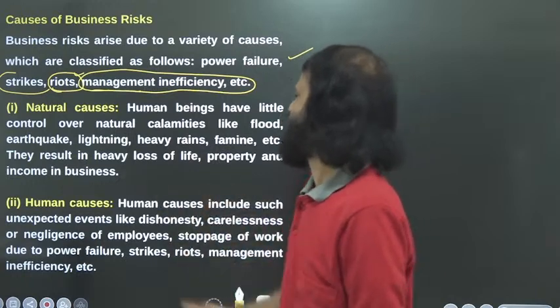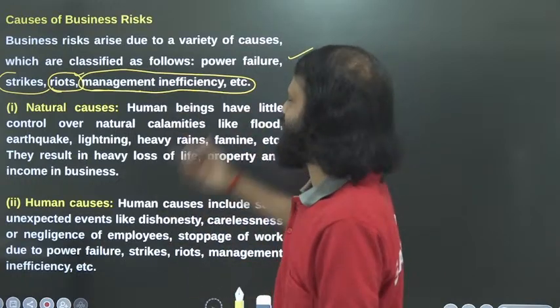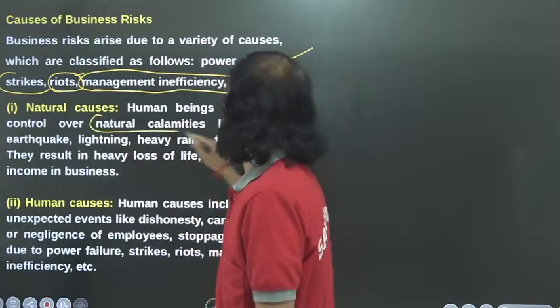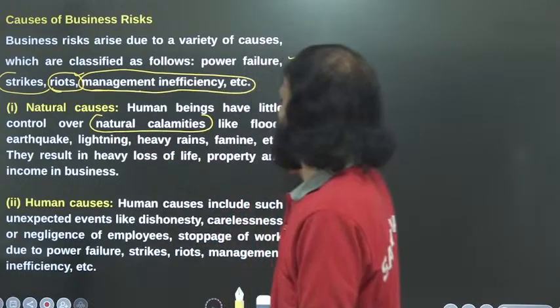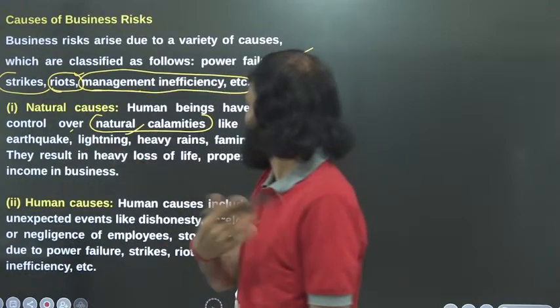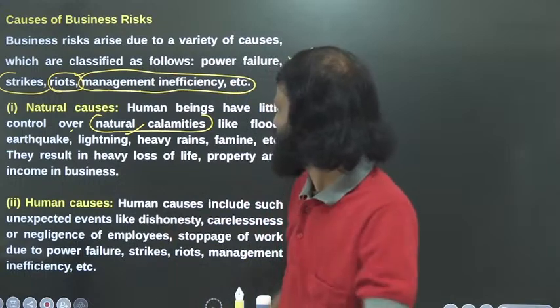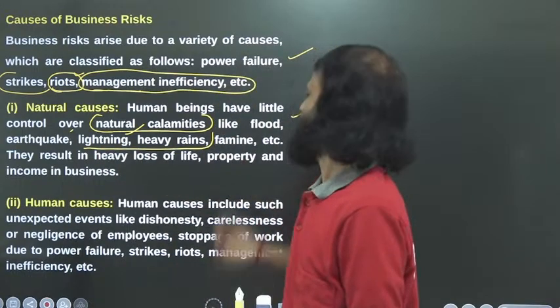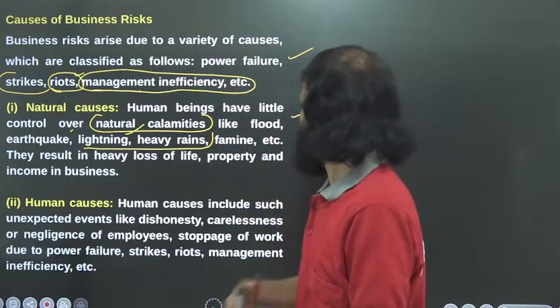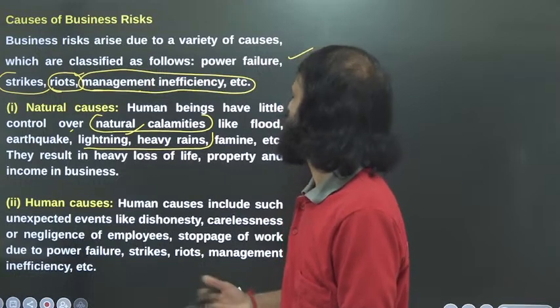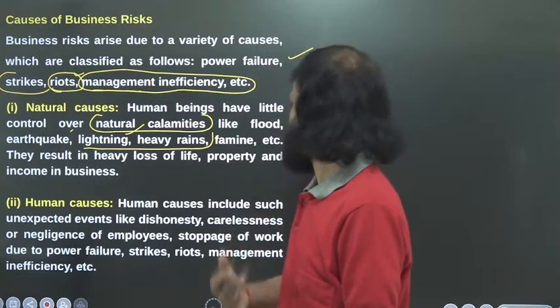Natural causes we can check. Human beings have little control over natural calamities. Natural calamities can occur anytime, like a flood, earthquake, lightning. Thunder and lightning mainly occur when the rainy season comes. Then famine, poverty, all those can also create losses in the business.